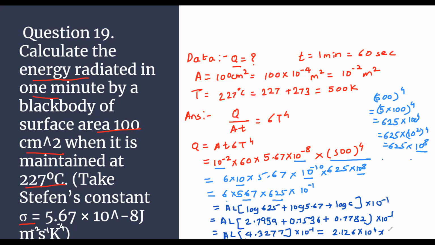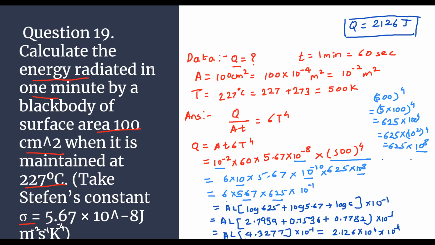This 10 raised to minus 1 is already there, so 10 raised to 4 and 10 raised to minus 1 will become 10 raised to 3. When we multiply 10 raised to 3 with this 2.126, our final answer is Q equal to 2126. This is the energy radiated, or heat radiated, so that is 2126 joule. So this is the required answer for question number 19.